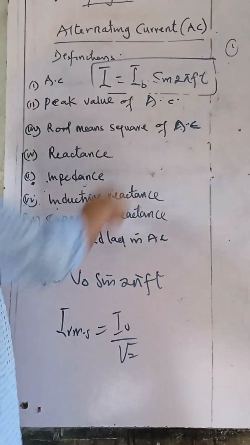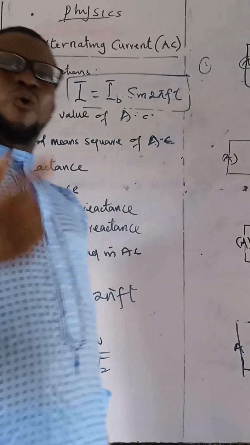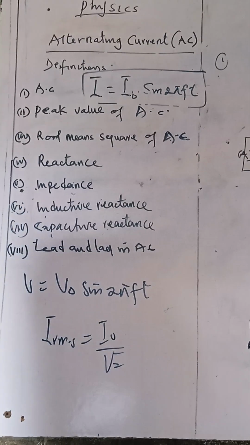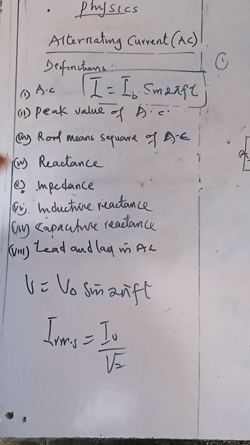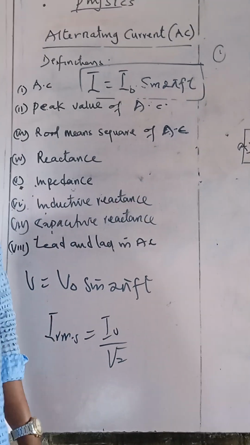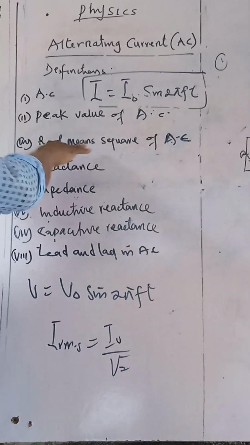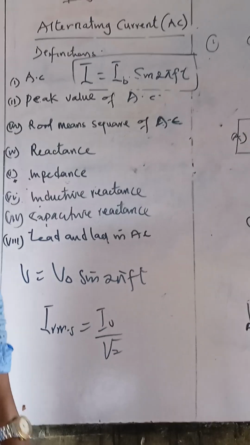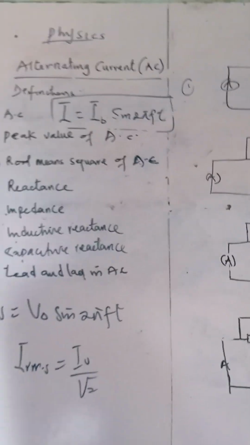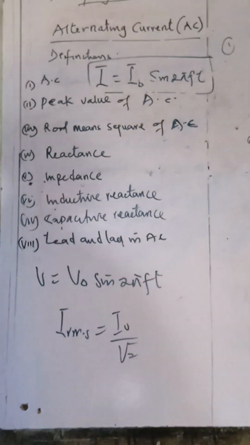So RMS of an AC is a steady or a constant current, but that will generate the same amount of heat or energy at the same time and the same what? Resistance. We know that there are some factors that affect current, but in this type of situation, at the same time, at the same resistance, the current is always steady. And if that current is steady, the current shall be called root mean square.